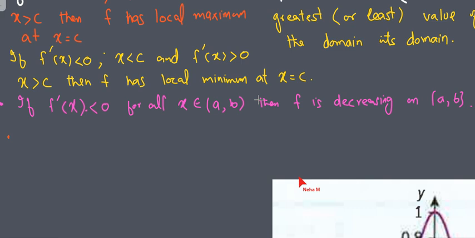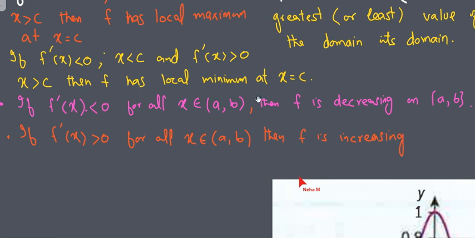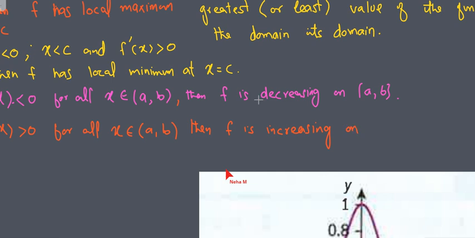Now, if f prime of x is greater than 0 for all x belonging to (a, b), then we will say f is increasing on the interval a to b.